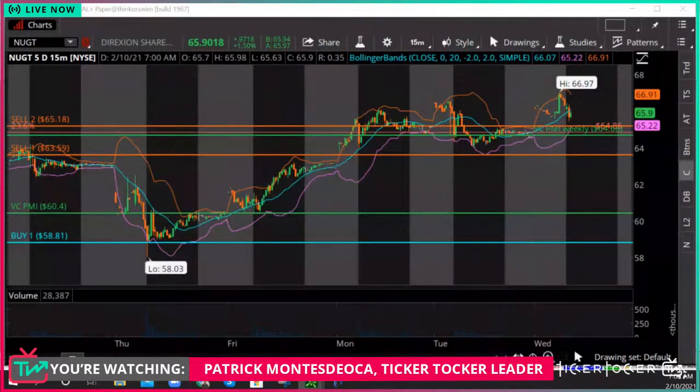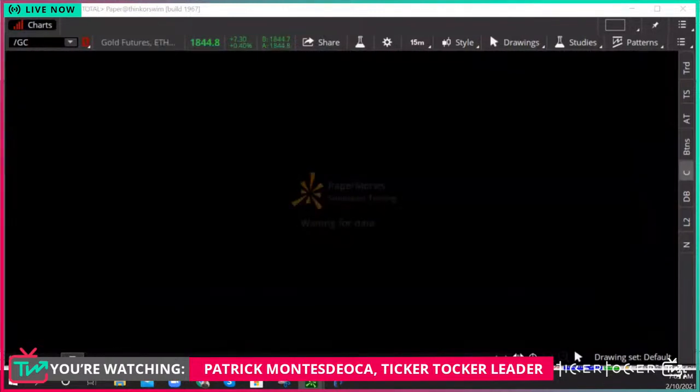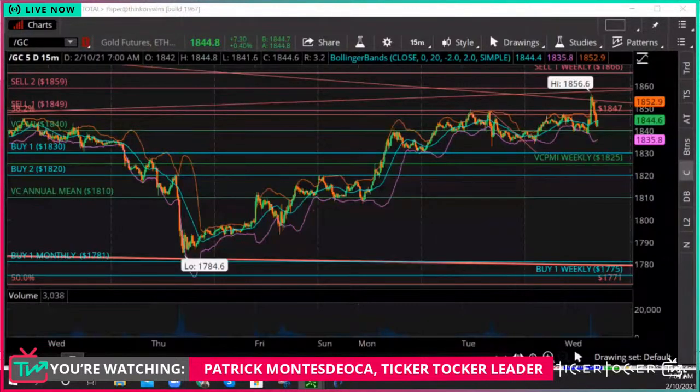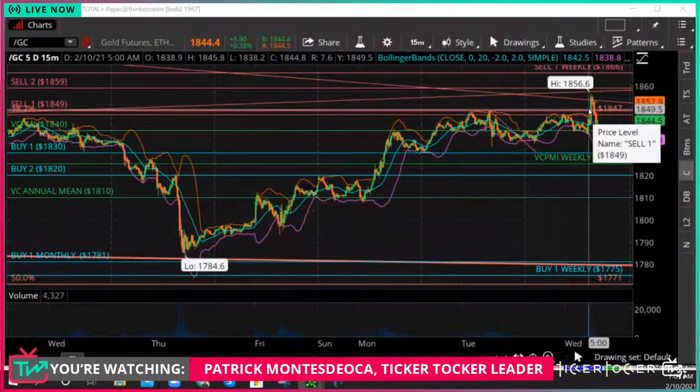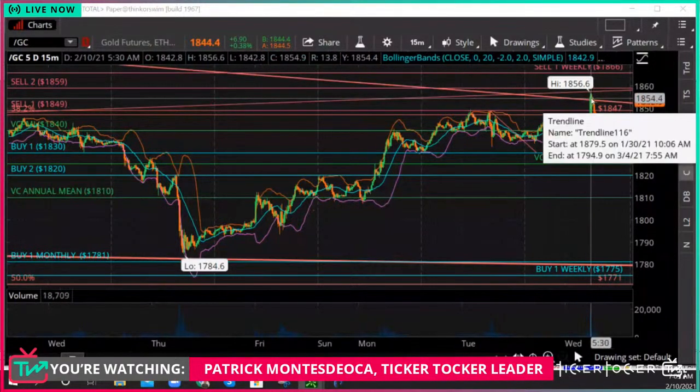But it's a quiet market across the board, pretty much, with what I believe is a bit of a bearish tendency, based on the fact that we are rejecting this price level here at 1856.60.